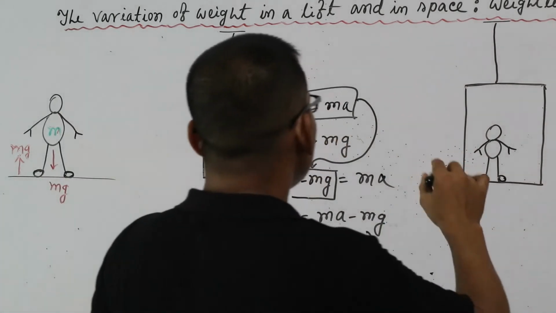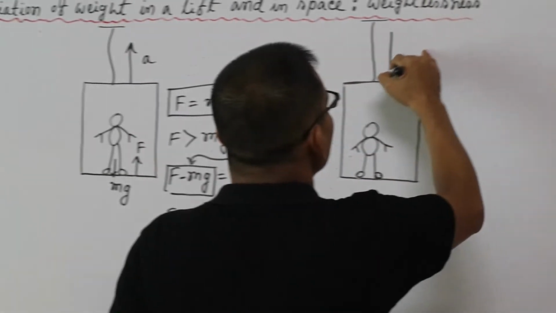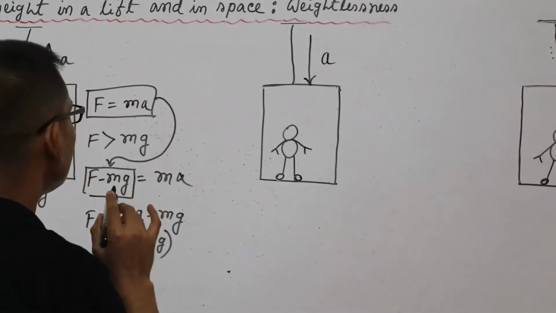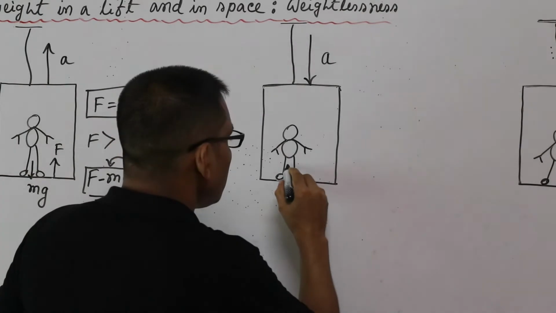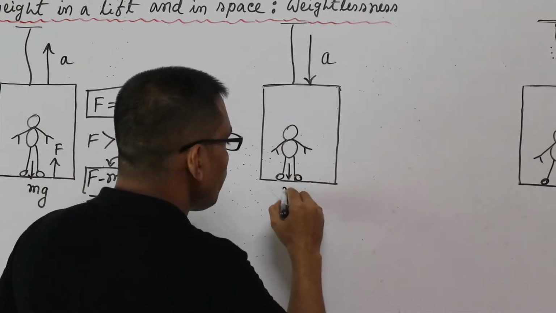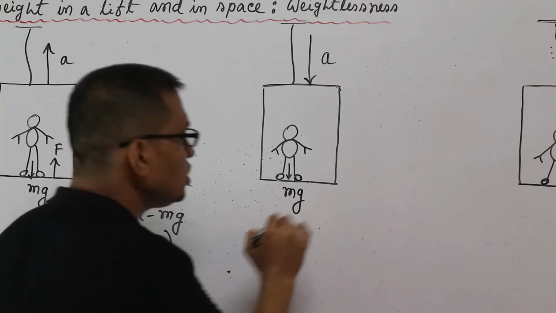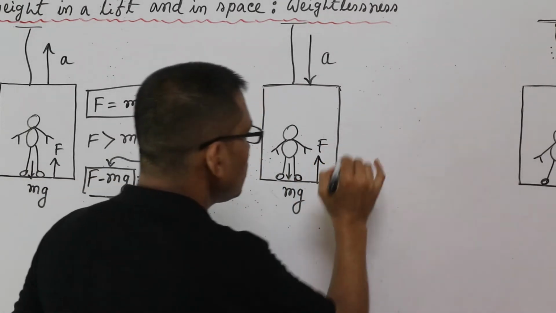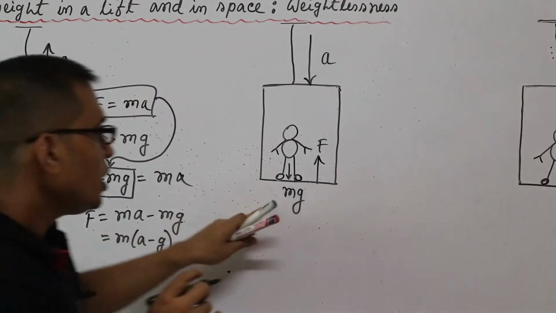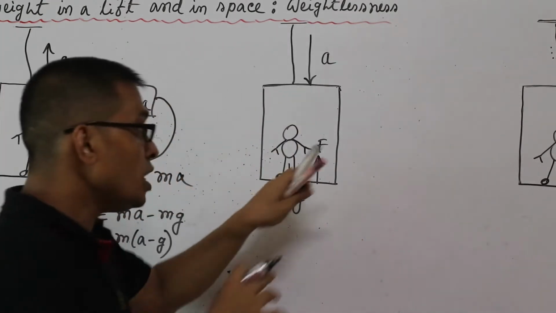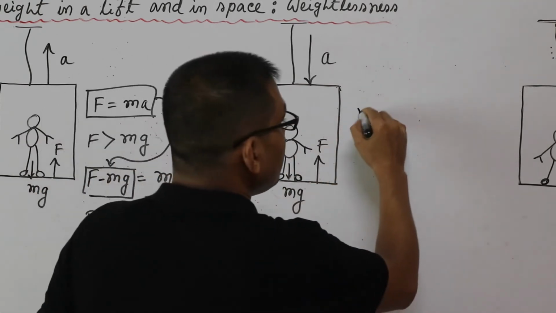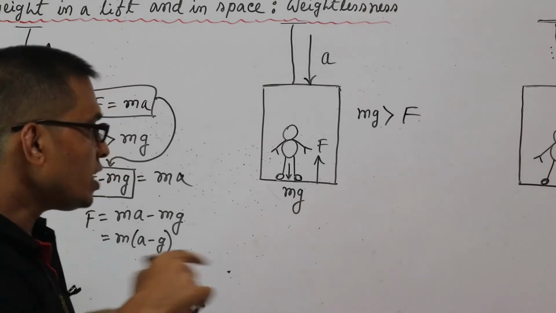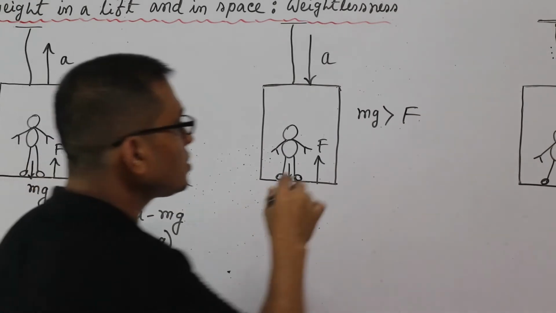Now at the time of lifting down, the acceleration acts downward, and the force applied by the person on the floor of the lift is mg, and the lift will apply F force on the person, and now mg is greater than F. That's why the lift goes downwards.